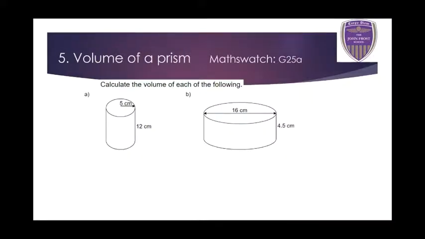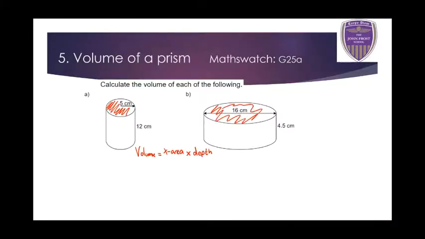So we've got two cylinders here. Okay, and we need to calculate each of the following. So again, it's going to be exactly the same thing. It's the volume equals cross-sectional area multiplied by depth. Okay, but in this case, the cross-sectional area is going to be the circle.